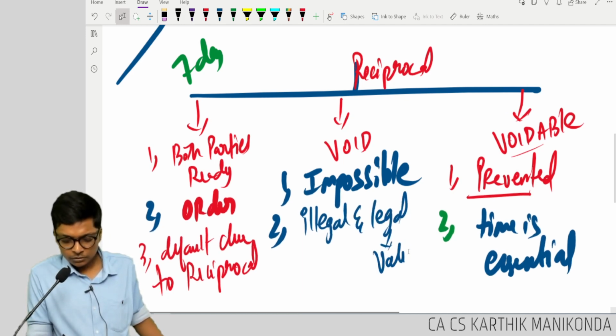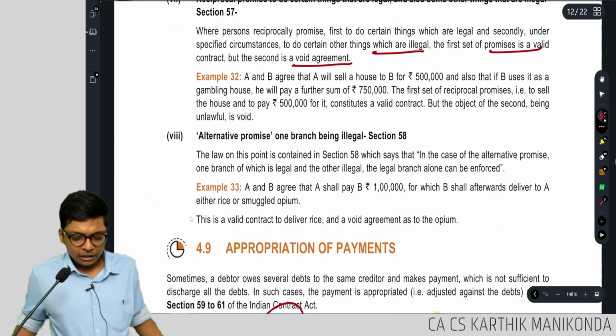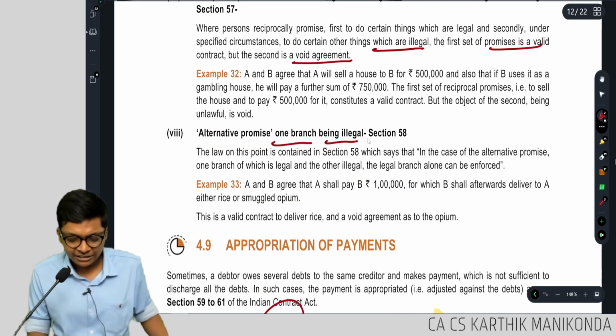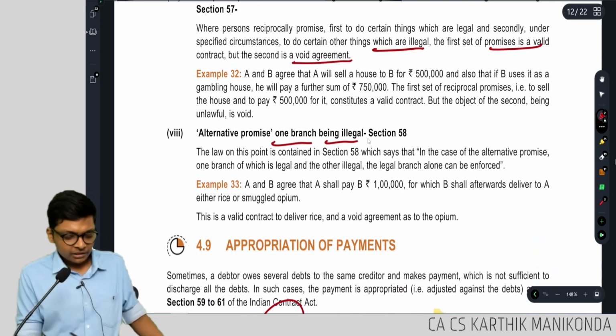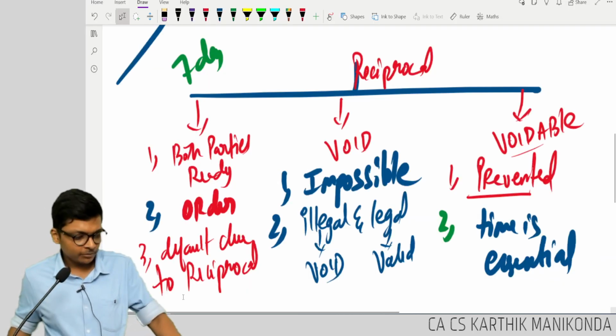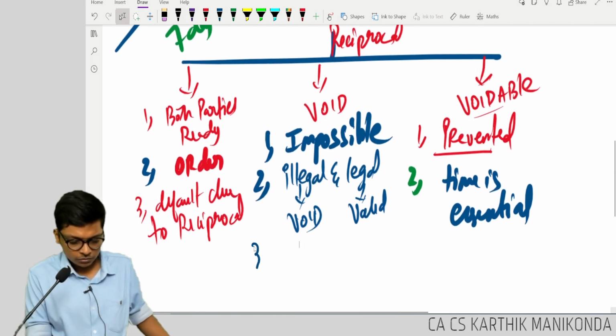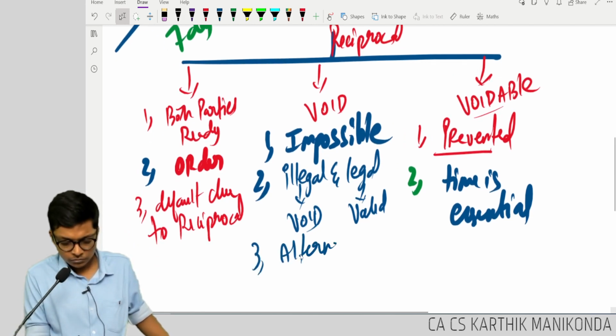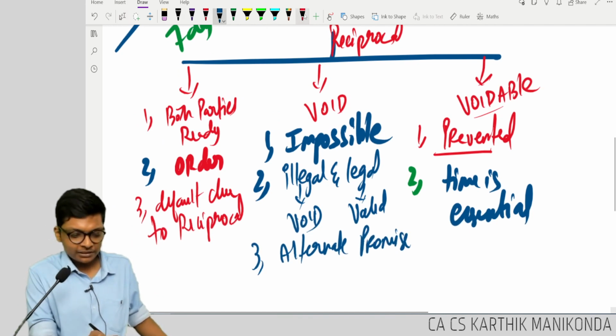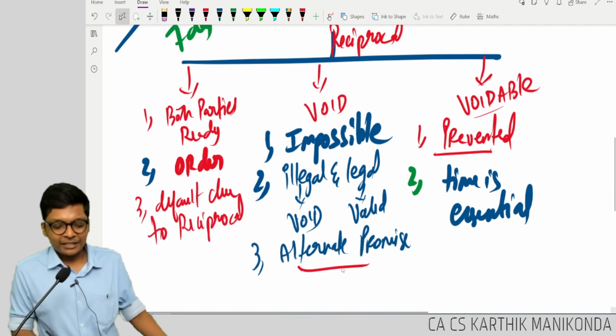Legal is valid, illegal is void. Alternate promise, one branch illegal and one branch legal. Here also same it comes. Alternate promise, one part is void, other is valid.